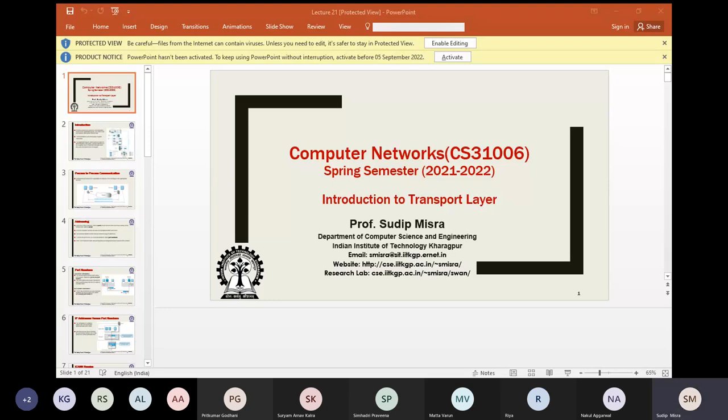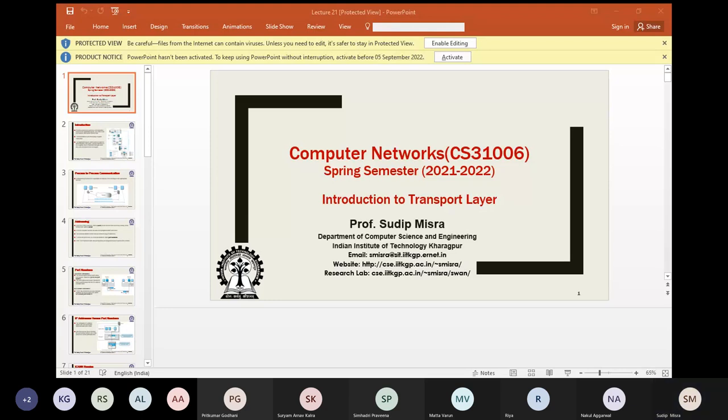These port numbers are a combination of 16 bits. So how many port numbers can we have? We can have a maximum of 2 to the power 16 minus 1, because it starts from 0, which is 65535. So these many port numbers we can have.